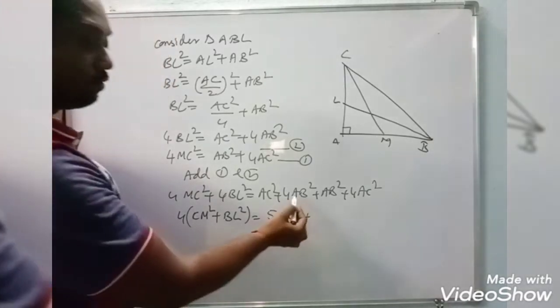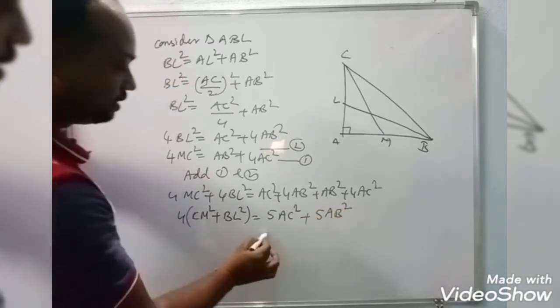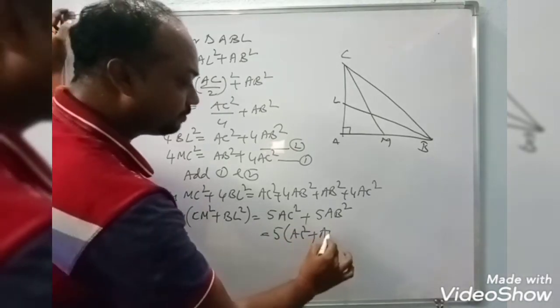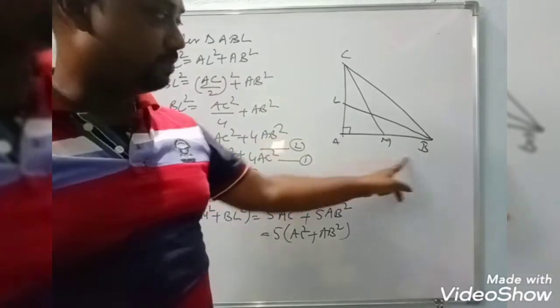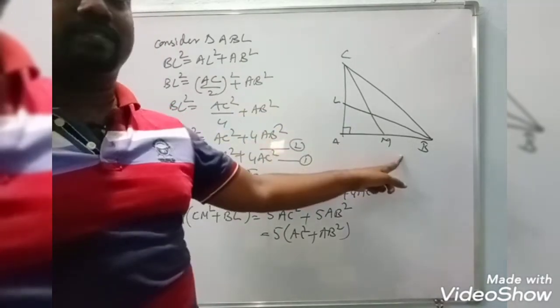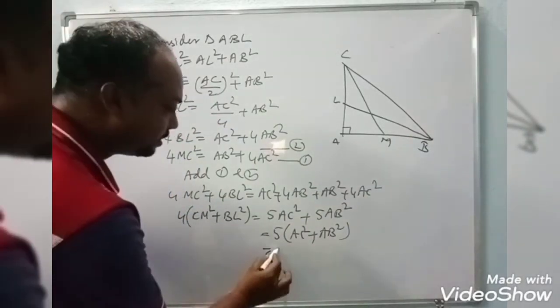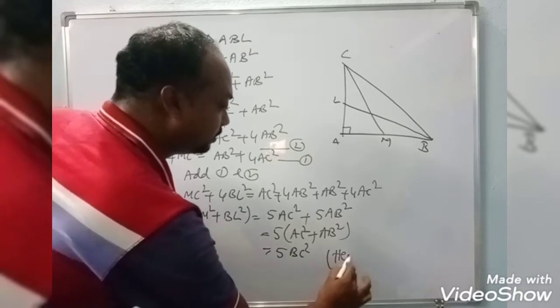Next, plus 4AB square plus AB square is 5 times AB square. Now if I take 5 common, you will get AC square plus AB square. Now see here, AC square plus AB square, the sum of the squares of the sides, is nothing but the square of its hypotenuse. So I can write this as 5 times BC square. So hence proved.